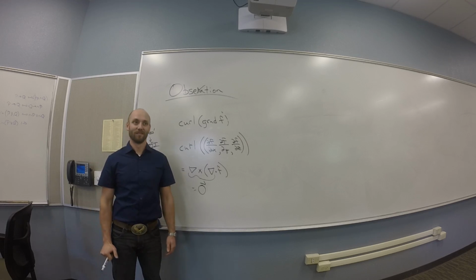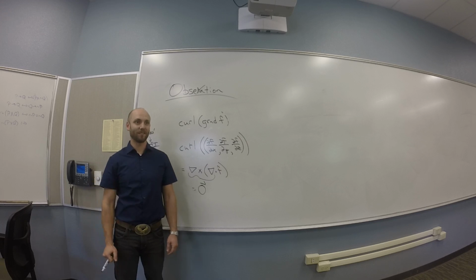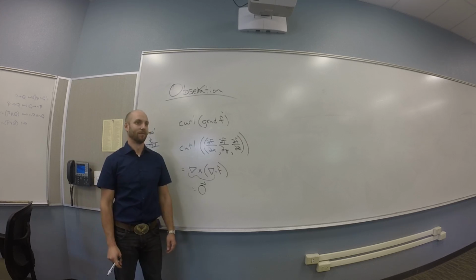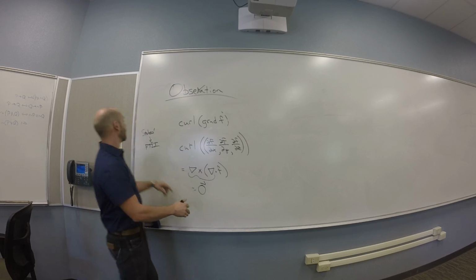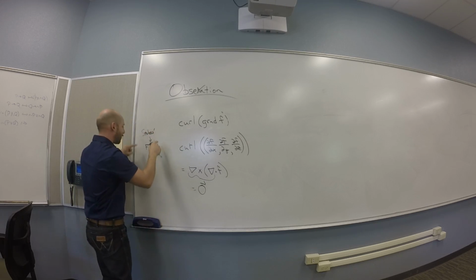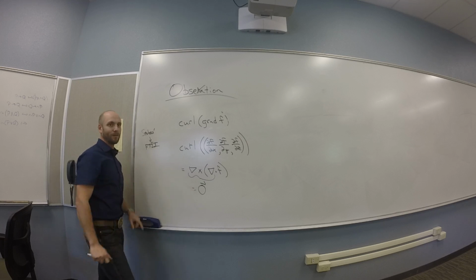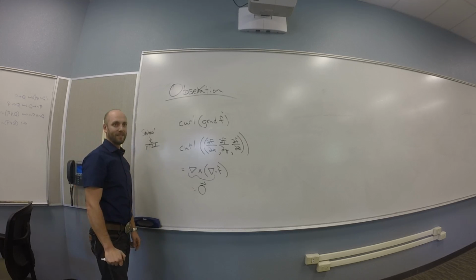Okay, sure, that's reasonable. You guys see that? There are no eddies in the fastest way downhill. That's what this is saying, right? In other words, if you try to apply Stokes and then apply the fundamental theorem of line integrals, you're going to get nothing, right? You guys see that?